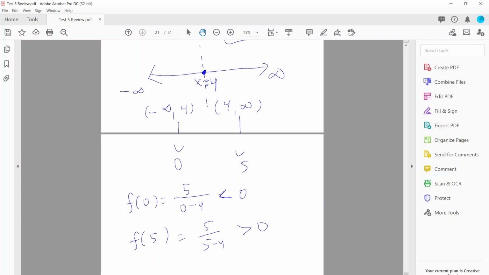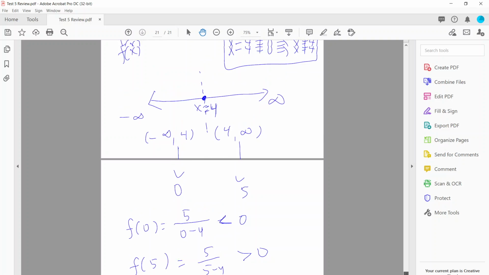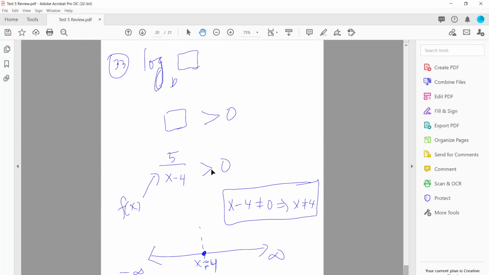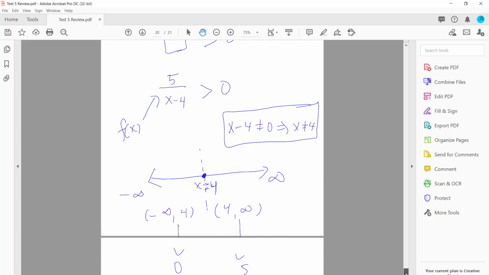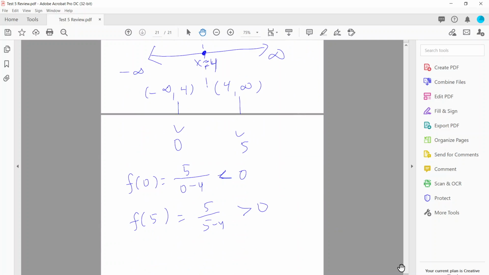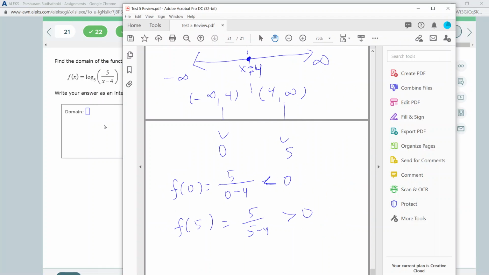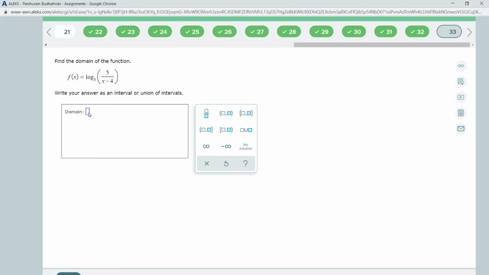So on this interval the function would be positive. We're looking for this thing to be positive, and we know for sure that on the interval 4 to infinity it is positive, so the domain of the function would be 4 to infinity.